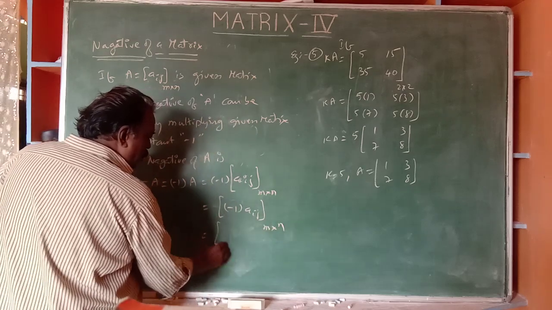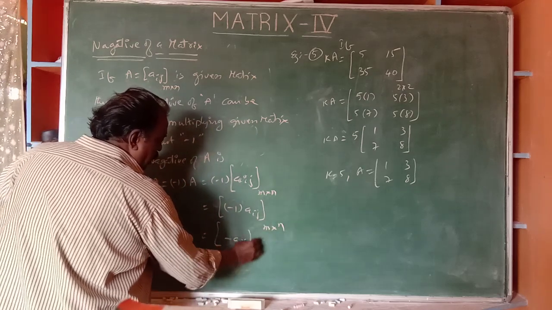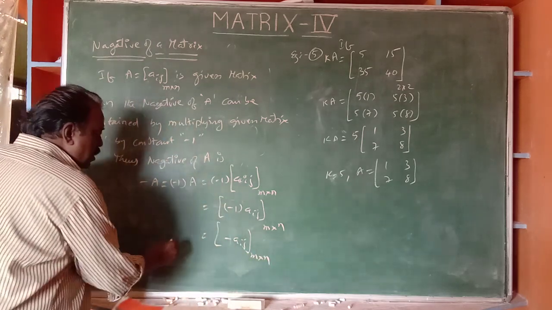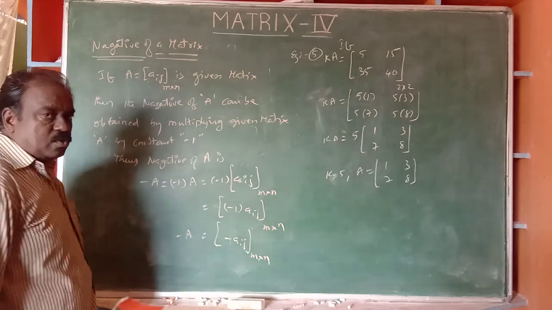Okay, now that is equal to minus Aij. So it is a new matrix.